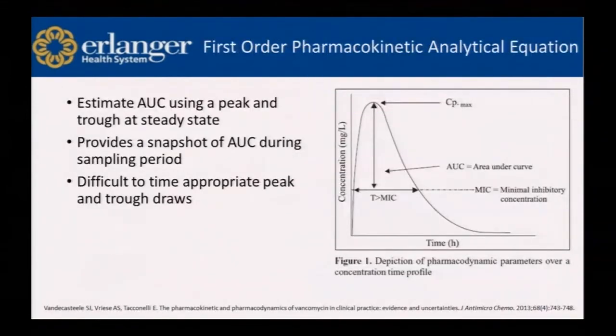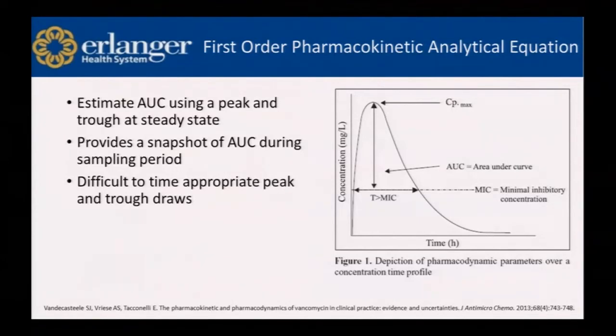So what we use at Erlanger is first-order pharmacokinetic analytical equations. And before I freak anybody out, you won't actually have to get out your pen and paper and do calculus. We do have an Excel document here that you can plug things into, and it will generate values for you. So, kind of a throwback to calculus, you estimate an AUC using a peak and trough concentration at steady state.